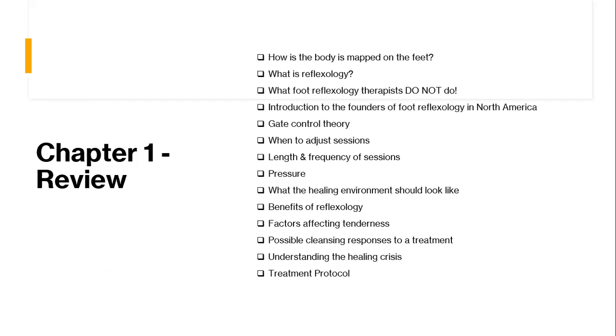All right, we did it. Good job. So chapter 1 review, we did cover how the body is mapped on the feet. That was on page 1-2. What is reflexology? What we don't do as reflexology therapists. I introduced you to the founders. We went over the gate control theory.